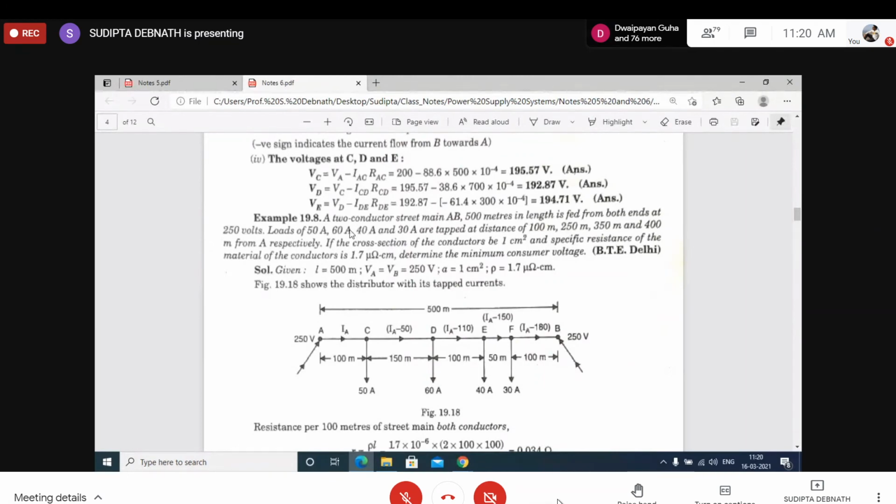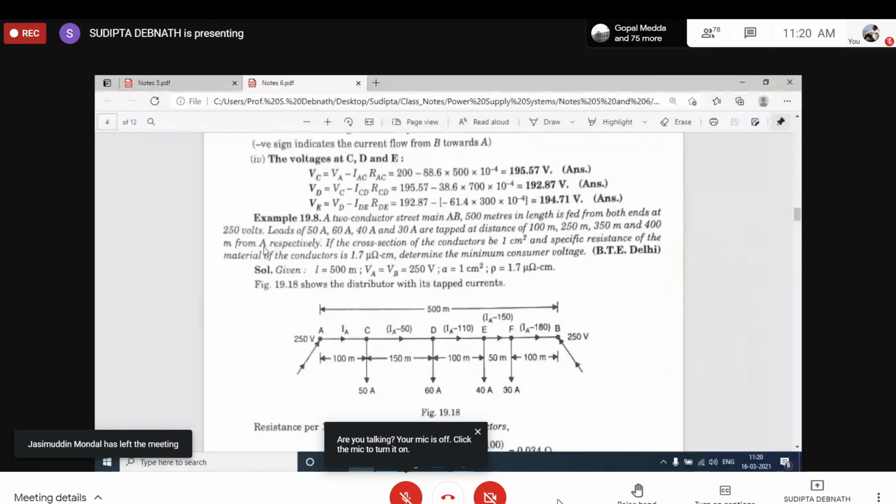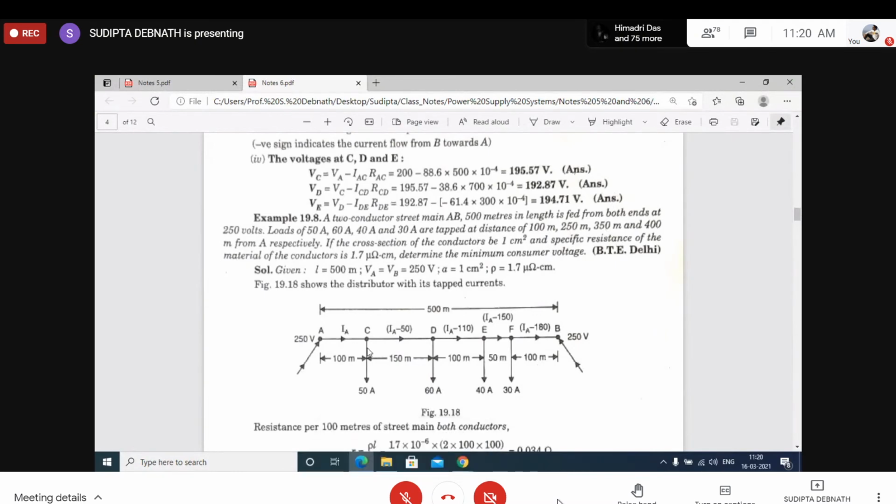Loads are given and they are tapped off at these distances from A. That means, say, this 40 ampere is tapped at 350 meter from A. So you have to understand that the total distance up to point, say, E, is 350. So this is 100. So you can easily draw the figure.